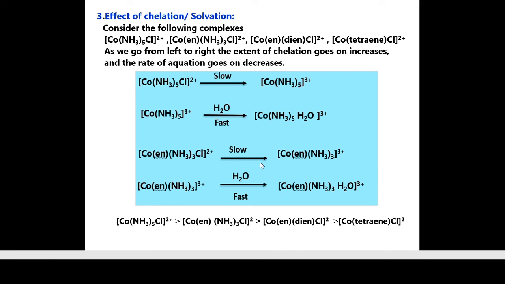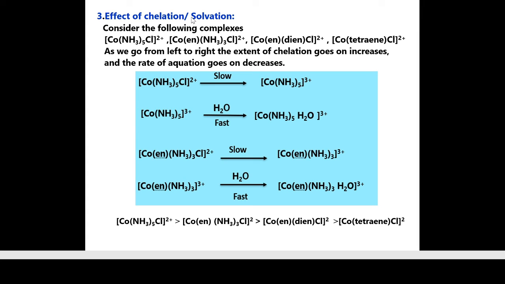In the first complex, there are only monodentate ligands, but as we move from left to right, the chelation increases. En means ethylenediamine. Dien is nothing but diethylenetriamine, and trien is triethylenetetramine. Means chelation increases. As we know, as the chelation increases, the stability of complexes also increases.